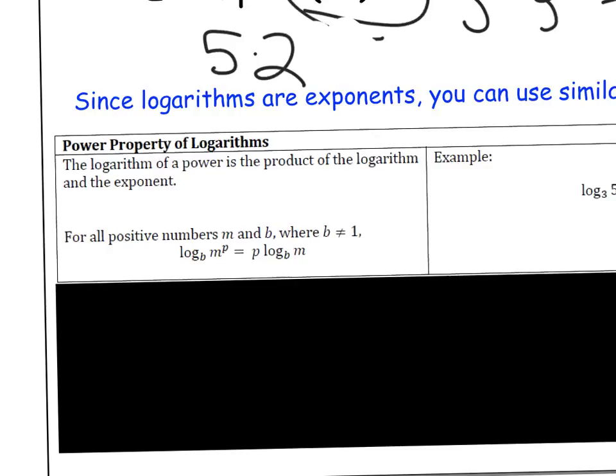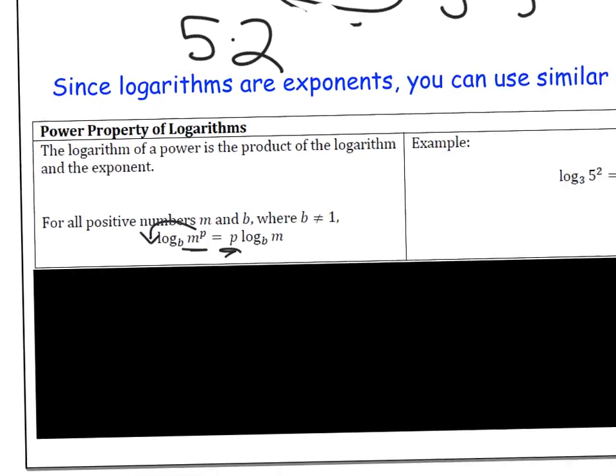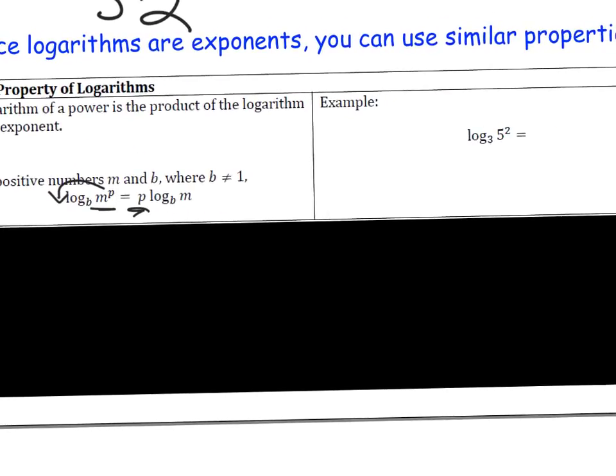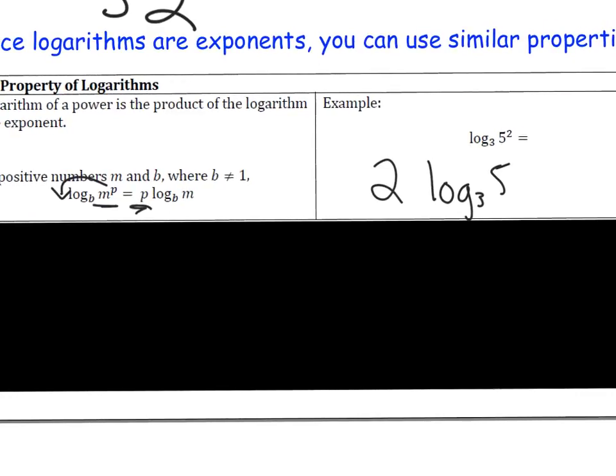Well, in logarithms, if I've got a power to a power, all that means is I get to move this out front. That's how that works. All right, so this would just be 2 times log base 3 of 5.